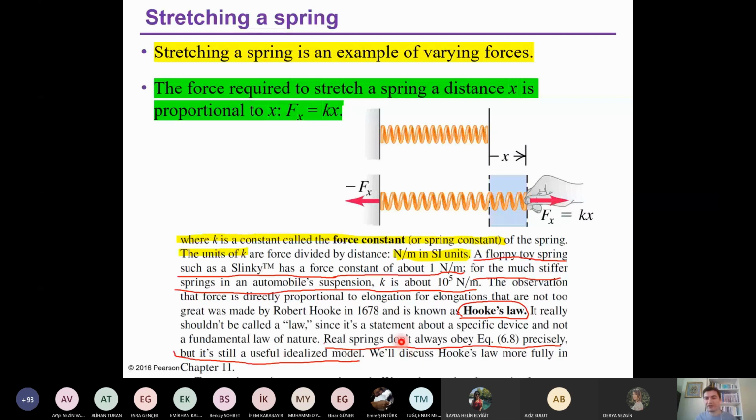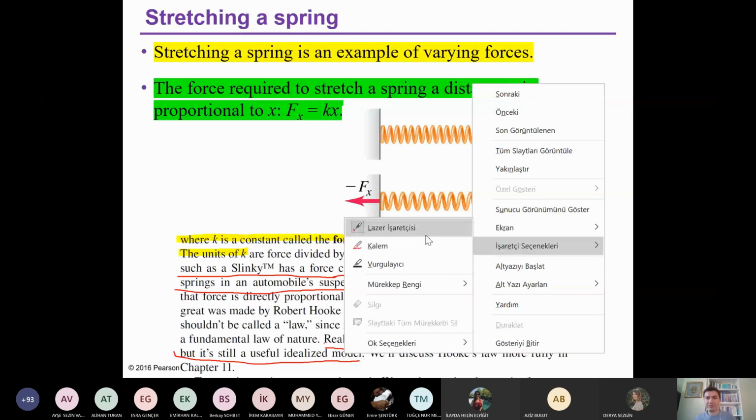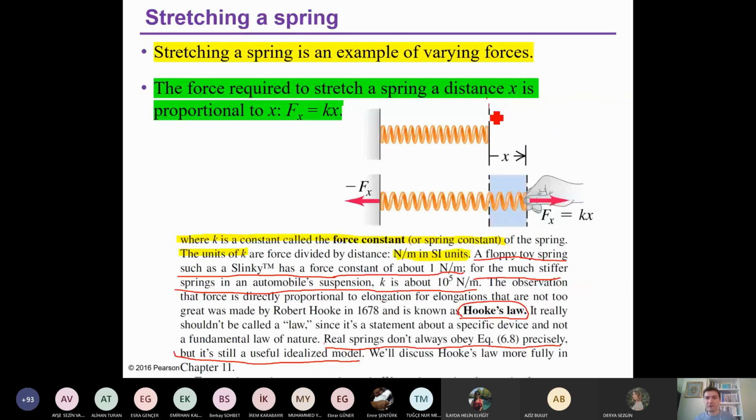So this equation comes from Hooke's law. This is the applied force on this spring, and we have a displacement of x. So what do you see here? Look at this equation. Let's consider that this position here is x equals 0. Then what about the force here?